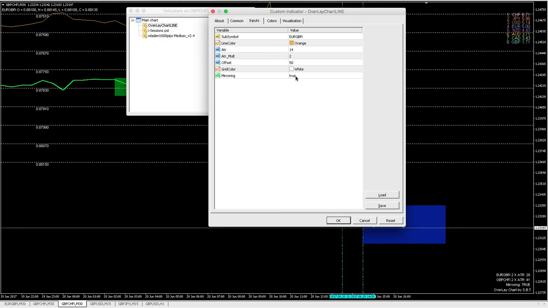You can also option to set this to false if you're using similar pairs, like where either the first or the second currency is the same in both. Okay, so that's briefly the setup on the overlay chart.